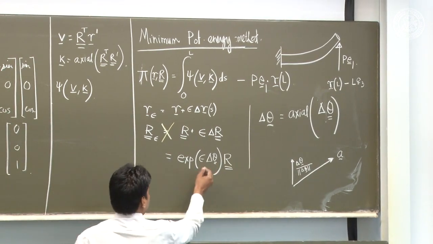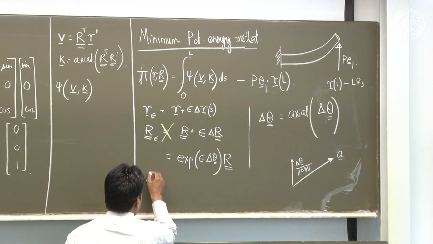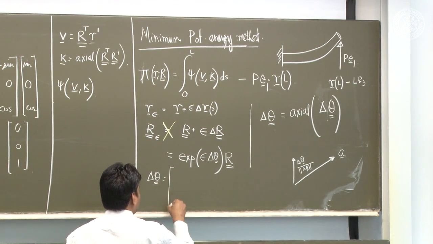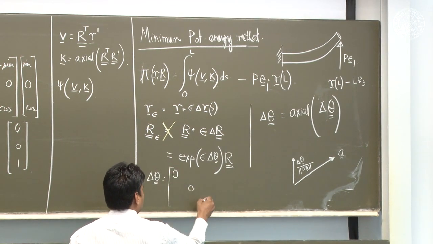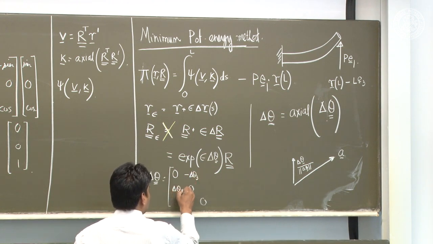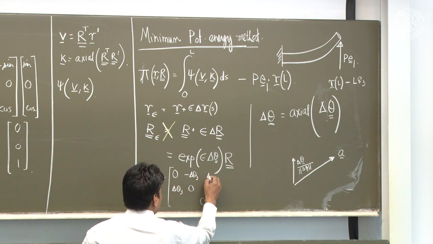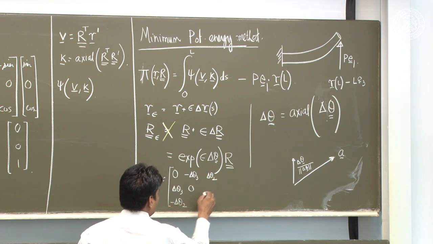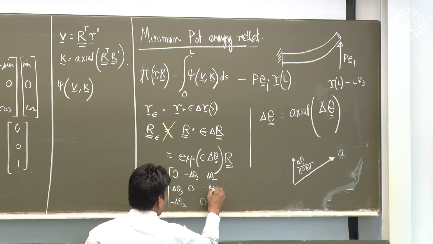So this is simply the matrix with zeros on the diagonal, minus delta theta 3, delta theta 3, delta theta 2, minus delta theta 2, then negative delta theta 1 and delta theta 1.